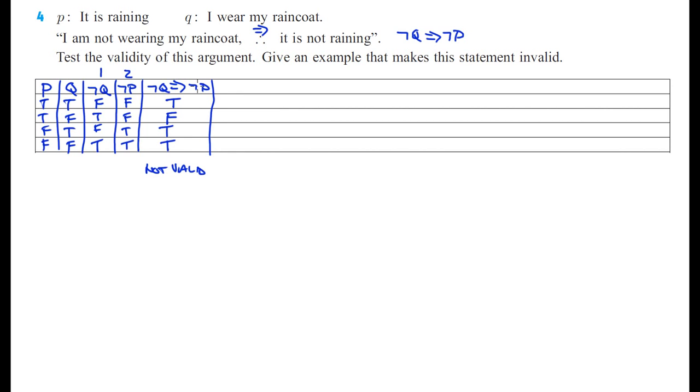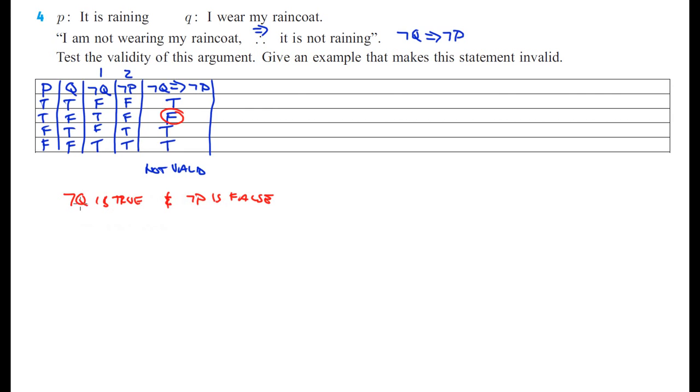So now this is a good question here. It says test the validity of this argument. We did. It's not valid. Give an example that makes this statement invalid. So the thing that makes this statement here invalid is this piece. All right, so what we have to check is not Q and not P. So the one time that it's false is when not Q is true, and that's also when not P is false.